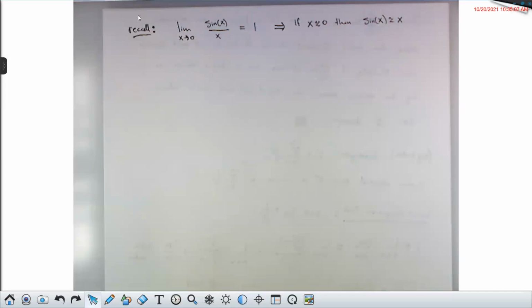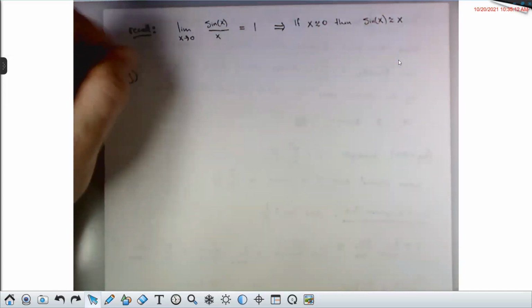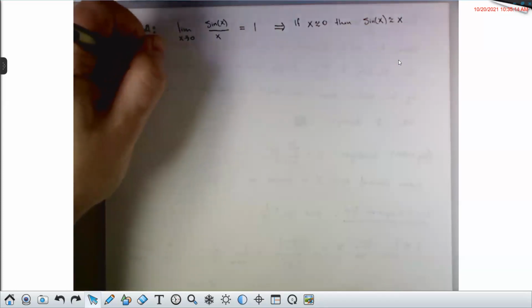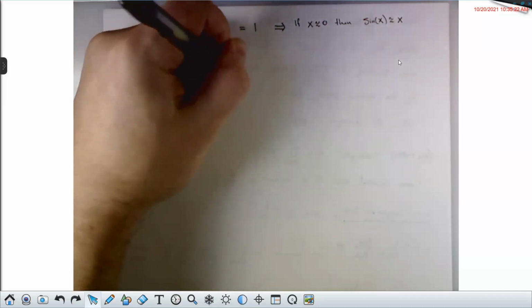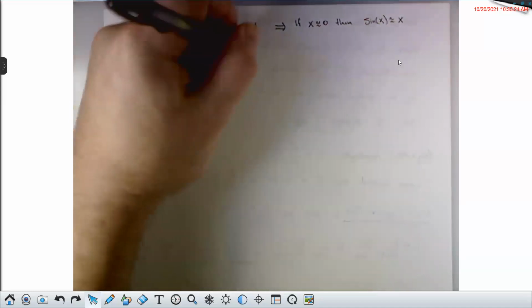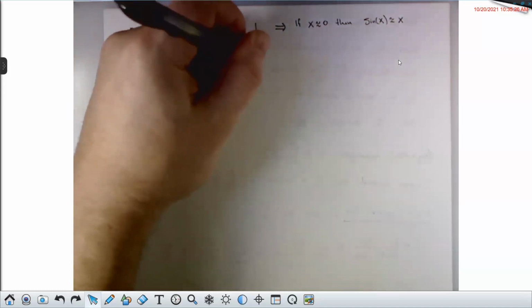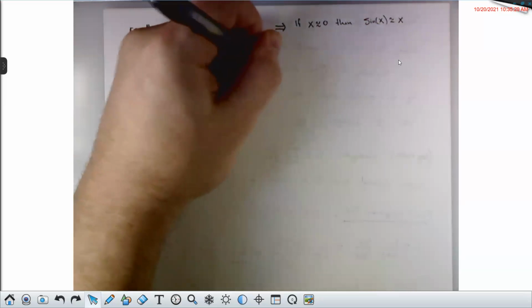All right, I want to tuck this in our pocket and investigate the series S equals the sum from n equals 1 to infinity of sine of 1 over n squared.